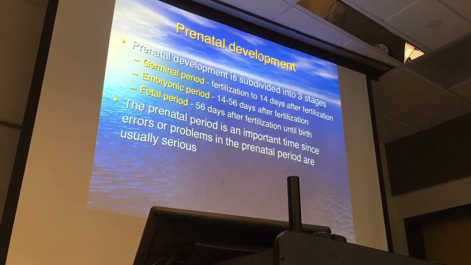The embryonic period, during this time we call the individual an embryo, 14 to 56 days after fertilization. And then the fetal period is 56 days until delivery, and we call it a fetus at that time. Okay? Those are the parts or the sections of prenatal development and the times and names associated with it.